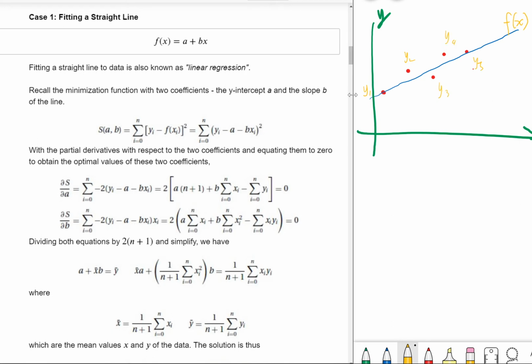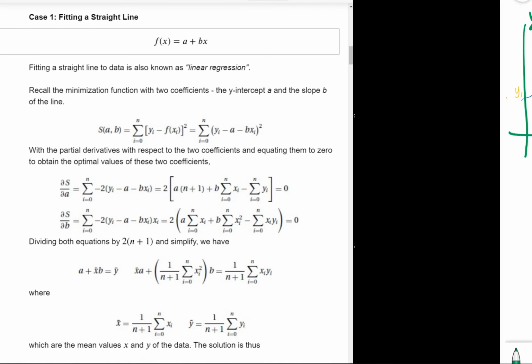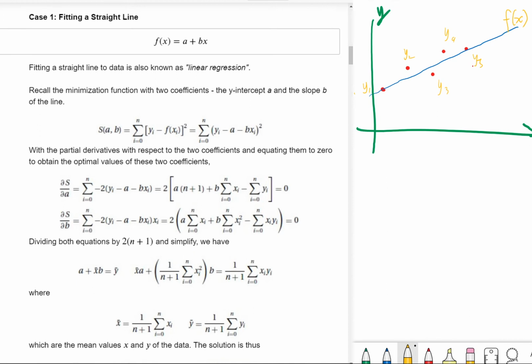Actually, we can pair that with the respective x in that case. So with respect to x, we have x1, y1, then x2, y2, x3, y3, x4, y4, then x5, y5.